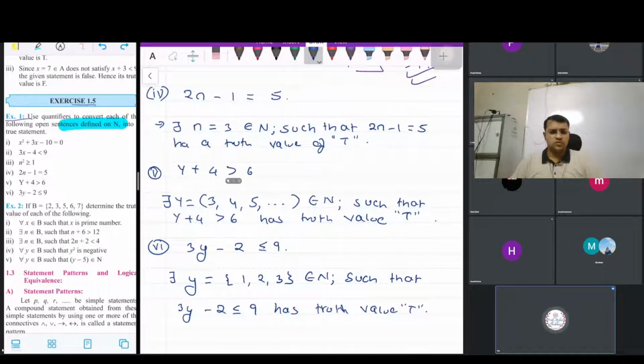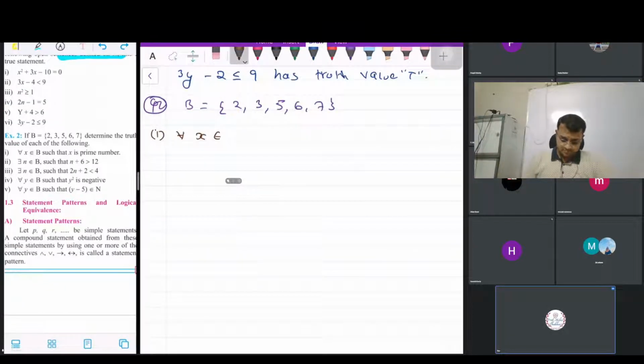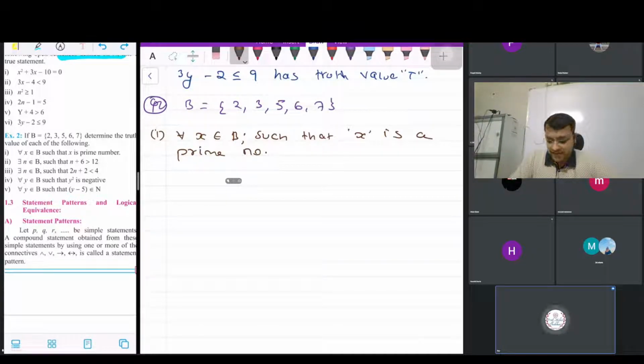So now we can go ahead with question number 2, such that x is a prime number. We have to check whether all the values given inside the set B are really prime numbers, or is there some number which is a composite number? Good. There is one number I can see over here, number 6. This is actually a composite number.